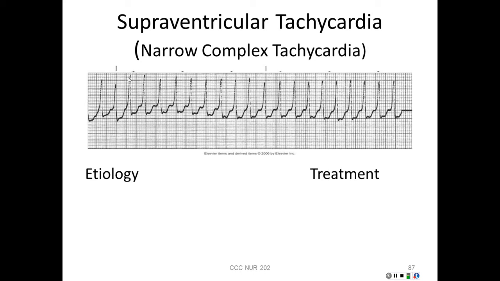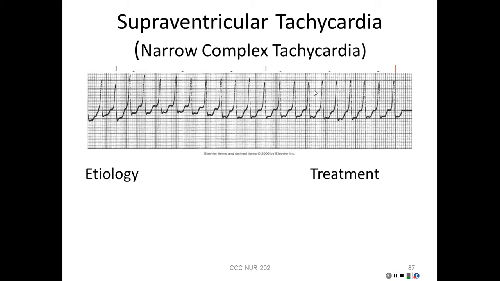If you've got a rate of, we're going to count this one, it's right on the line, 1, 2, 3, 4, 5, 6, 7, 8, 9, 10, 11, 12, 13, 14, 15, 16, 17, 18, 19, 20, that should be where it is right there. If you've got a rate of 200 beats per minute, then you know your patient is probably in distress at that point in time.